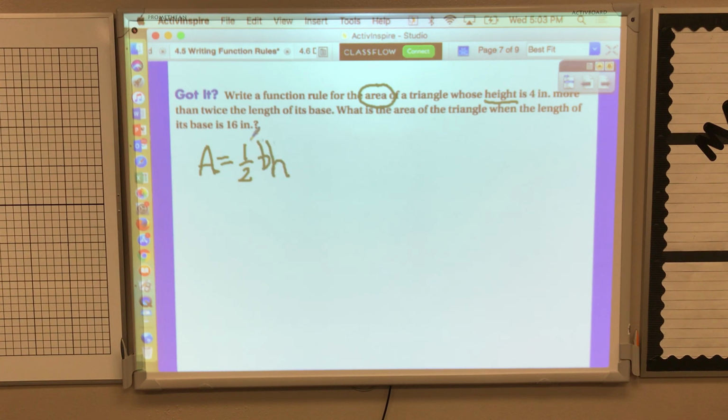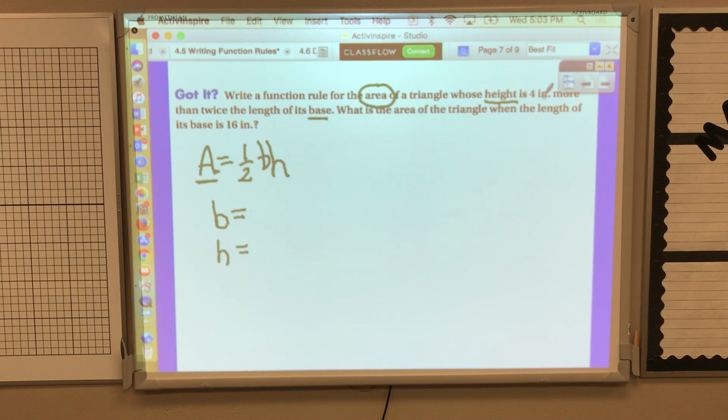Okay, so in this problem I'm writing a function rule for area, so we're talking about A, but I cannot have 2 other variables. So I need to figure out am I going to keep B or am I going to keep H? So we need to figure out which one's going to stay and which one's going to change.